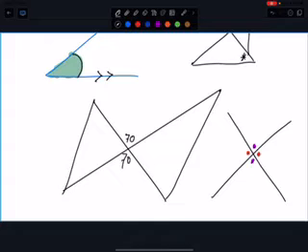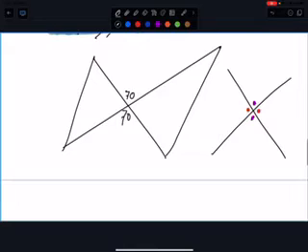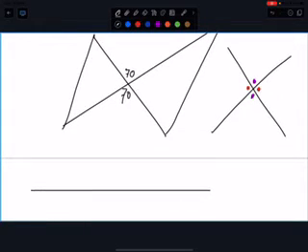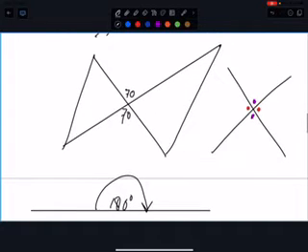Correct. And now comes the difficult part. What is this angle? And most importantly, how do I get to it? You know this angle? All right. There is something called a stretched line. A stretched line has a total of 180 degrees. This is a stretched line.